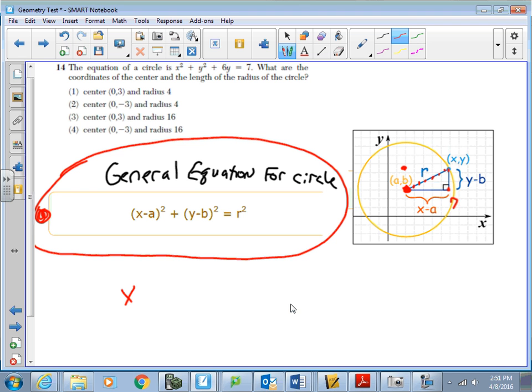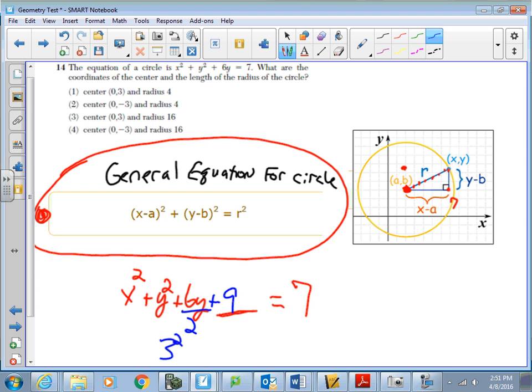So to complete the square, we're going to have x squared plus y squared plus 6y. Now what we're going to do is leave a space here, and we already have 7 on the other side. So what's going to go in that space is you take this value, divided by 2, which is going to be 3, and you square it and put it right here, so plus 9.